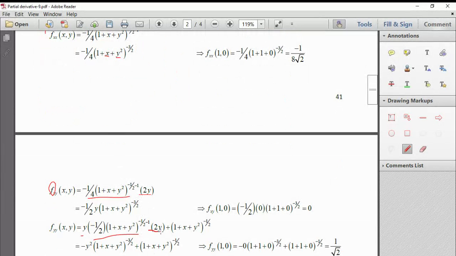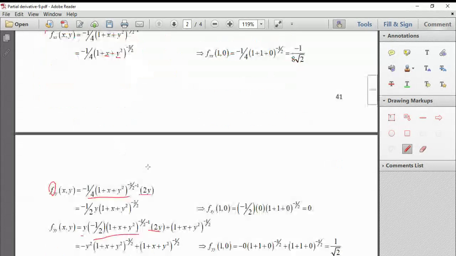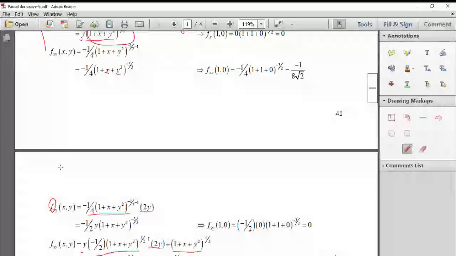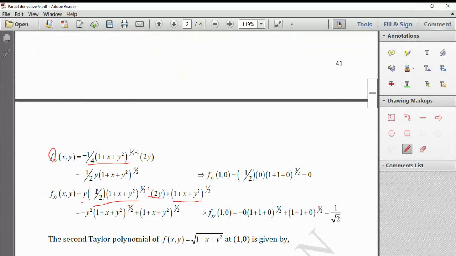Now keep this function as it is, second term as it is, plus, what is the derivative of y? 1. So you'll get simply this much. Now here 2 gets cancelled, right? So you'll get minus y square into this, plus this. But y is 0, because we need fyy at (1, 0). So your y is 0, 0 into anything becomes 0. Now here (1 plus 0) whole to the power of minus half, which gives you 1 by root 2.